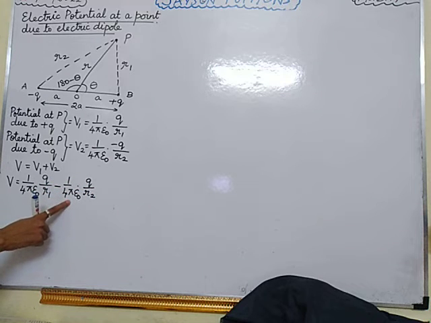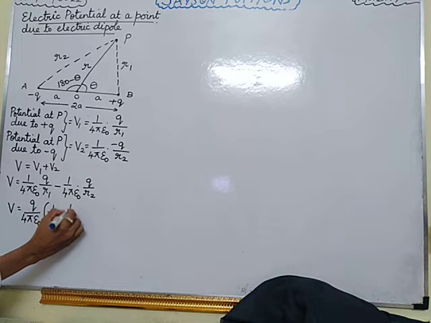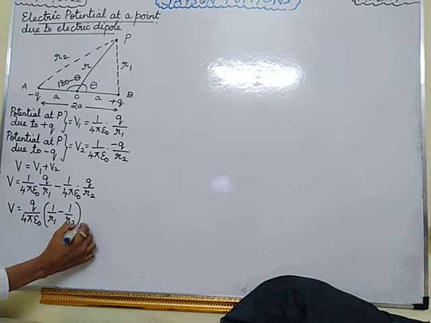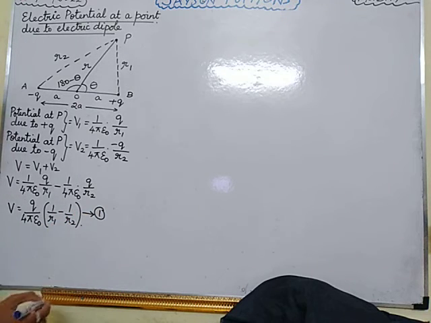Q by 4 pi epsilon naught can be taken commonly outside. So V is equal to Q by 4 pi epsilon naught into 1 by R1 minus 1 by R2. This I am going to keep as equation number 1.